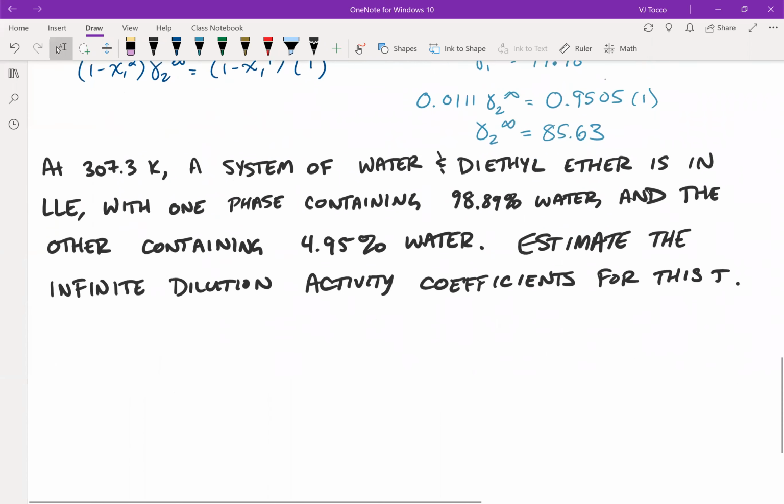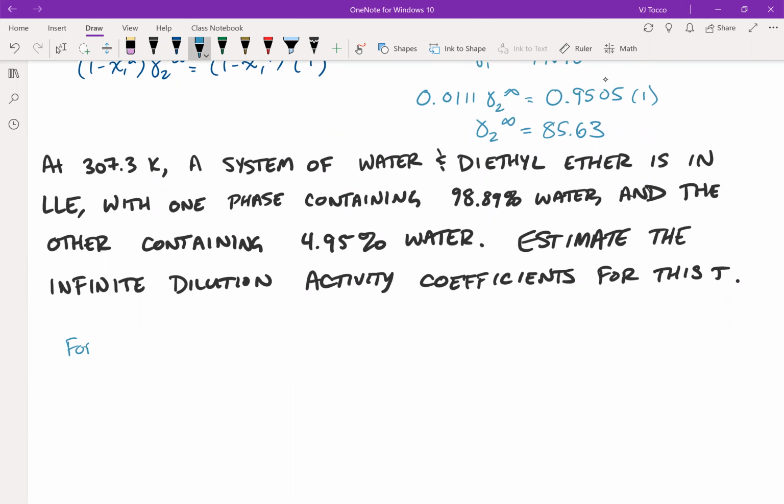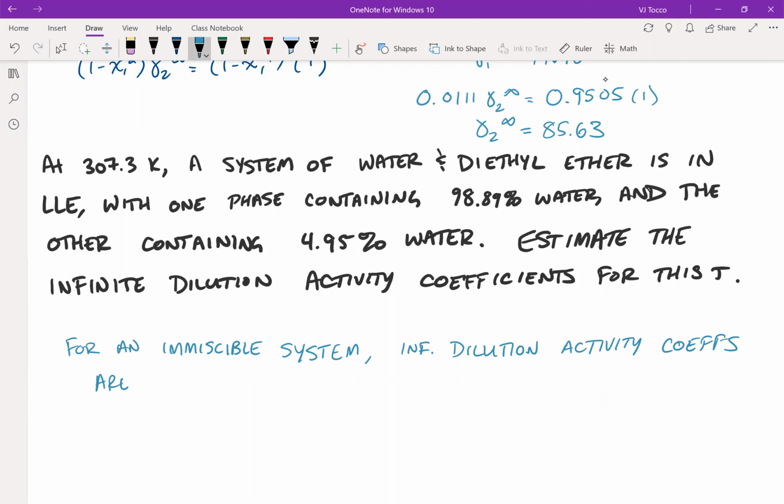The takeaway here is that for an immiscible system, my infinite dilution activity coefficients are large, usually much greater than 10.